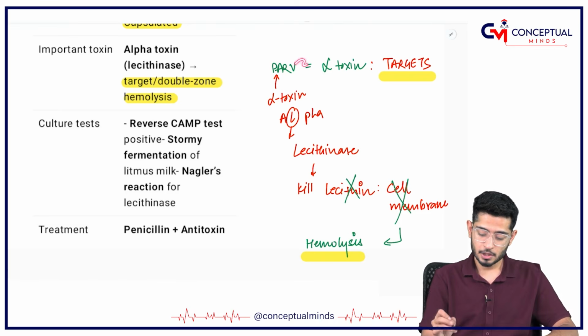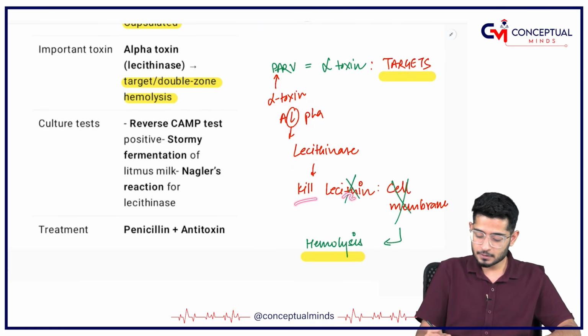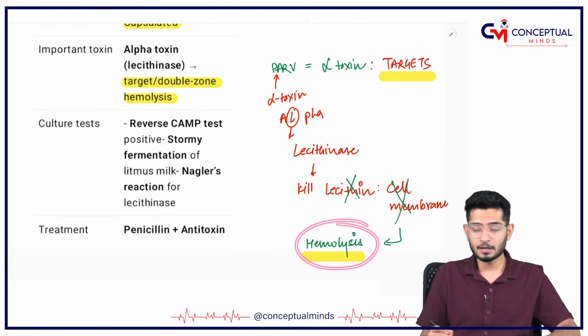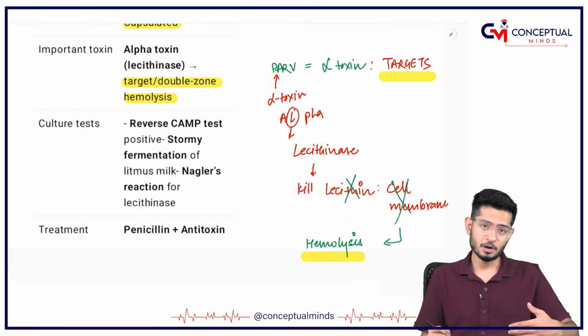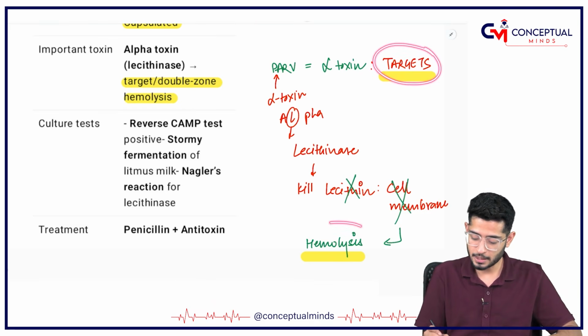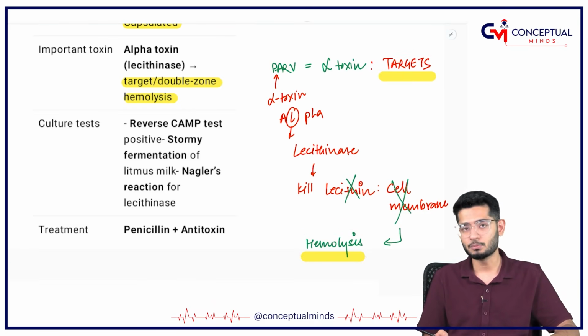I'll repeat it. So PARV, A for alpha toxin. Alpha has got L word in it, L for lecithinase. It is going to kill the lecithin, so the cell membrane will not function and it can undergo hemolysis, and because I will make you achieve your targets, the hemolysis is called as target hemolysis.